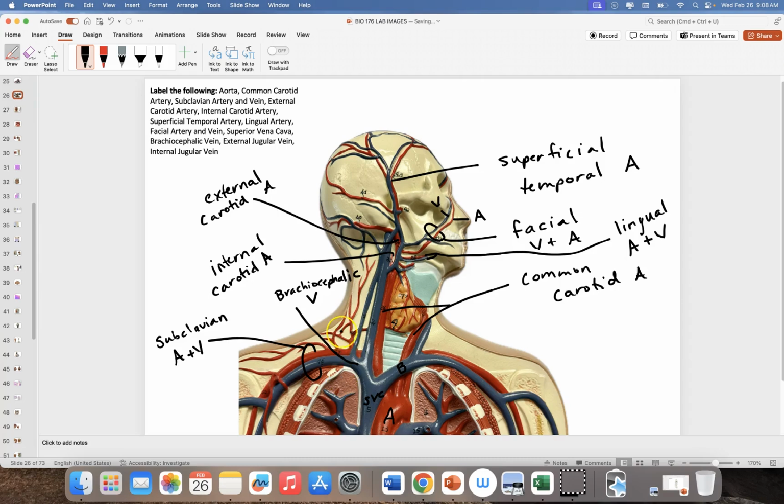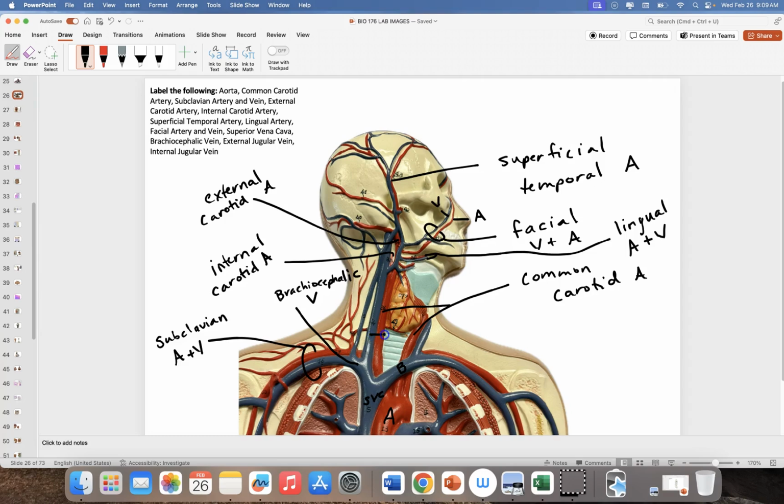If we follow these branches from the brachiocephalic vein, we will notice that one of the branches is going to stay external, while this other branch here is going to go internal. We can see it going into the skull here. That means that this is going to be our internal jugular vein, and then over here we have our external jugular vein.